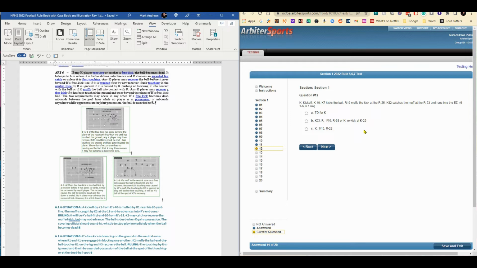So what we have here is a touching by R, which allows K to recover whether it's been grounded or not, and the ball is dead at the point where he recovers the ball. So it is going to be K 1st and 10 at the R23.